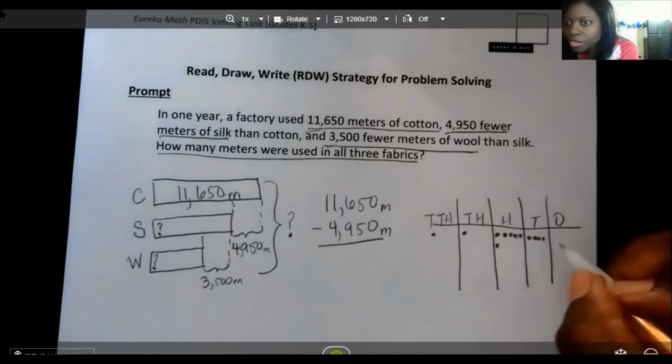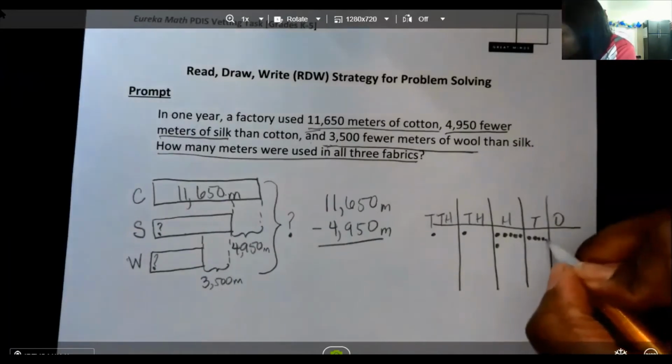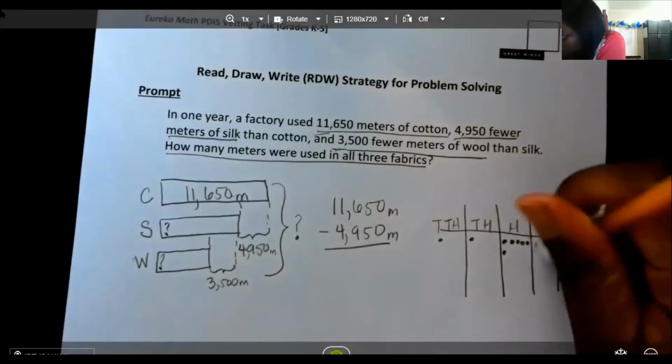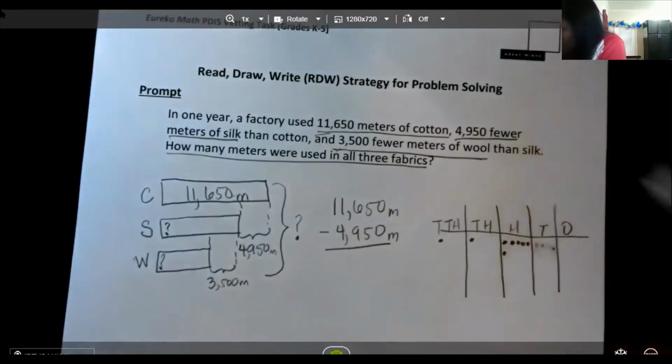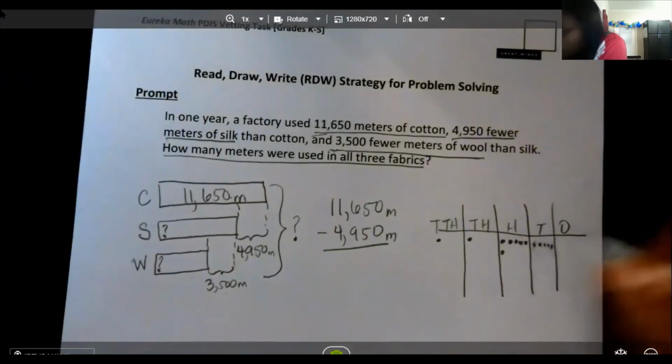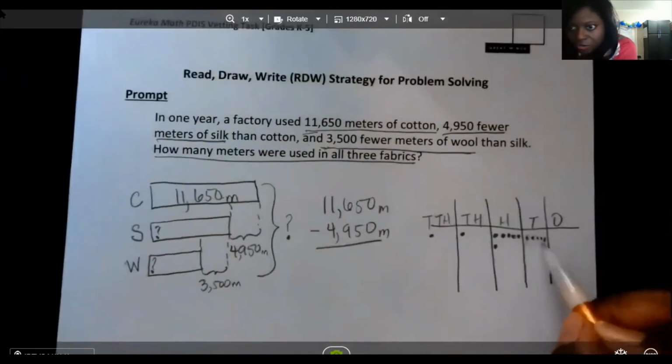Oh, I almost ran out of space. I've got to squeeze it on there a little bit. Let me just erase, because I want to be sure that you can clearly see it. My chips are a little bit smaller. So I hope everybody can see my 5 chips.